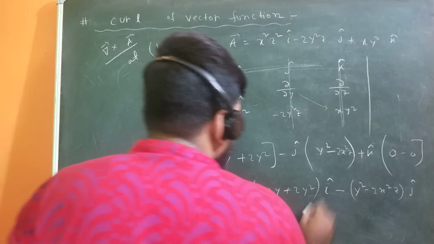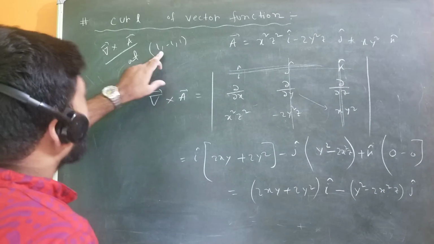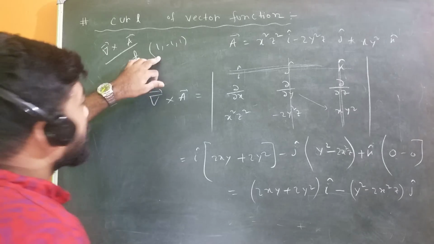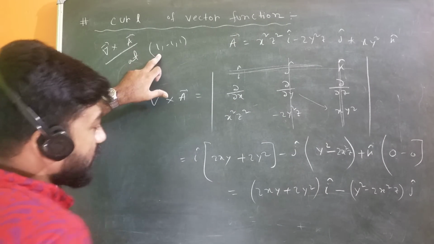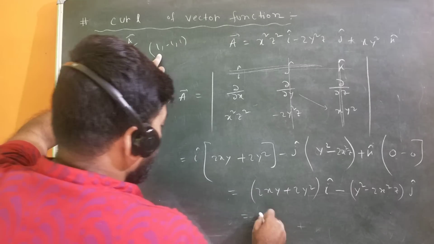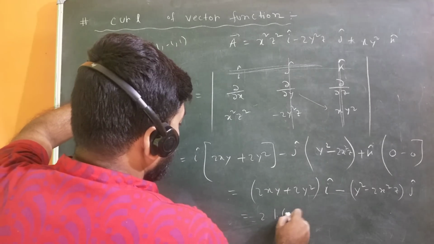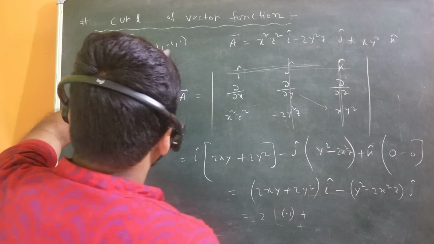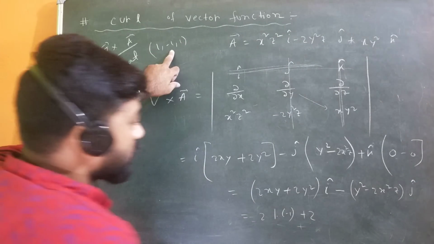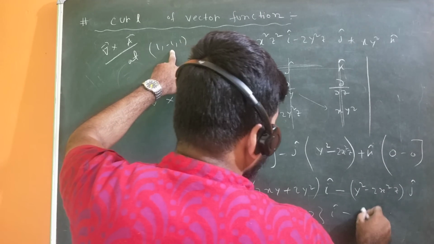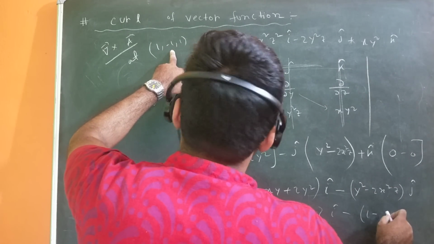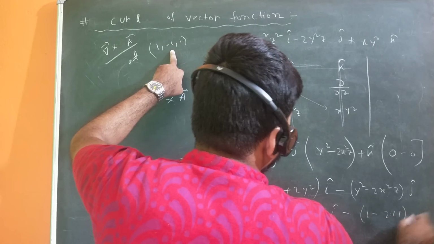So please check the calculation. The calculation doesn't matter, you can do it, but you have to just understand the process. So now please put the value of x and y. So 2 into 1 into minus 1 plus 2 into y square, that means 2, because minus 1 whole square is 1, and this is i cap, minus y square means 1 minus 2x square z means 2 into 1 into 1 into j cap.